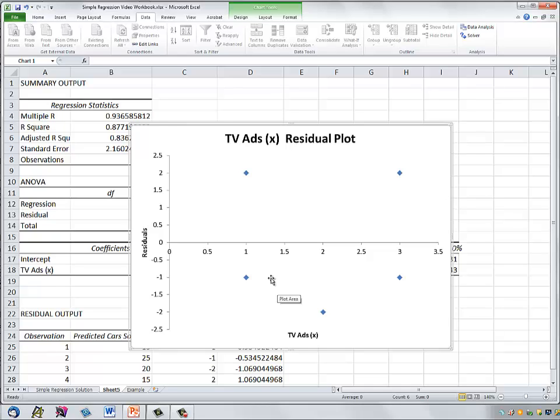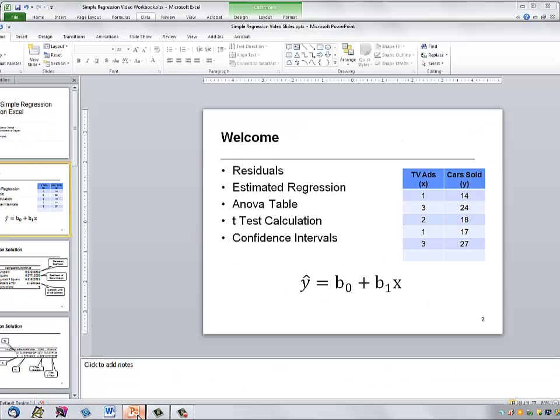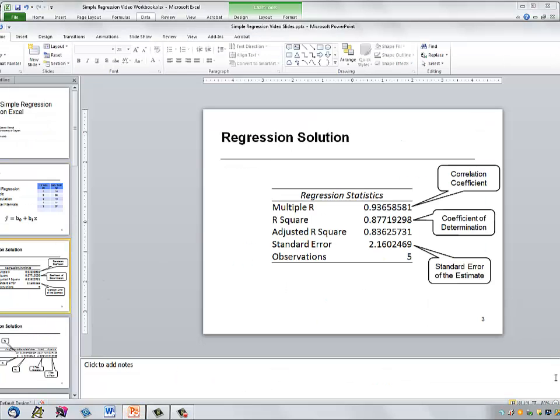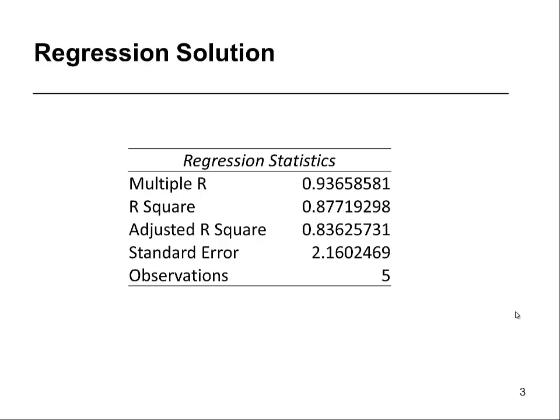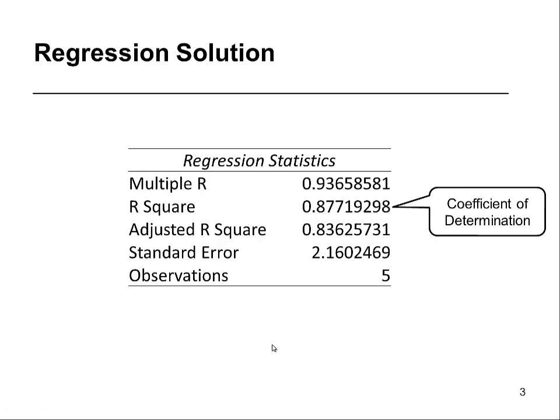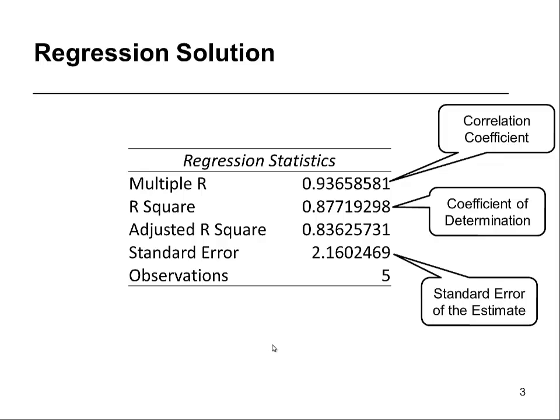Let's take a look at the results item by item here in these slides. Here's the top part of our regression solution. There's a couple of key statistics here: the coefficient of determination, the correlation coefficient, and the standard error of the estimate. All very useful items in your regression analysis.